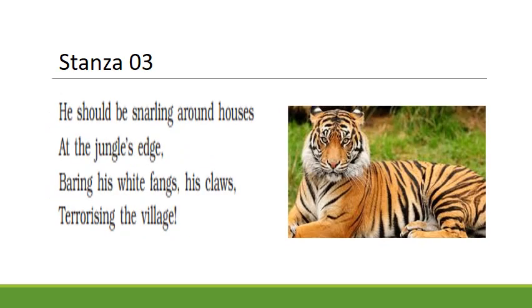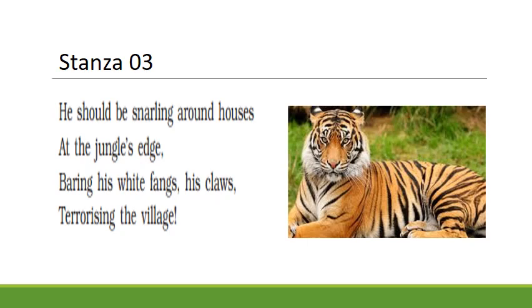He should be snarling around houses at the jungle's edge, baring his white fangs, his claws terrorizing the village. So there might be houses at the edge of the forest, and this tiger should be snarling.